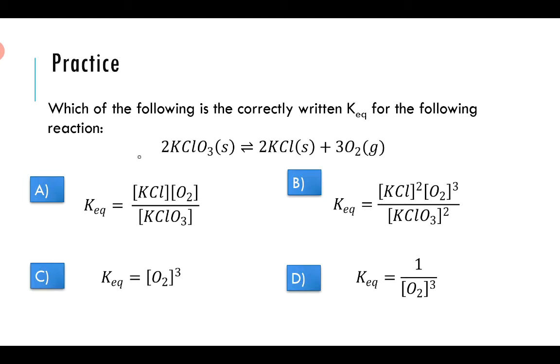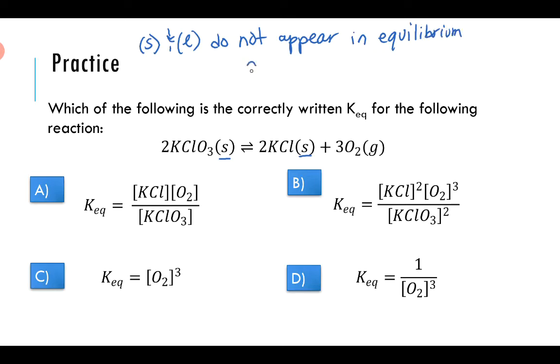Okay, let's talk about this. You may or may not have noticed on the previous slide that solids and liquids do not appear in the equilibrium constant. Only gas and aqueous appear.